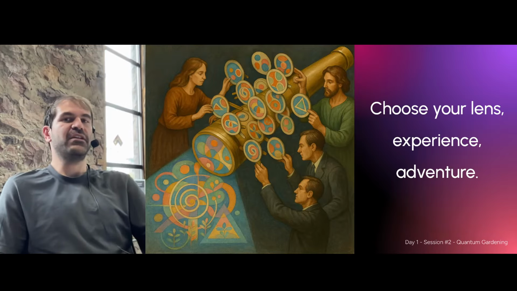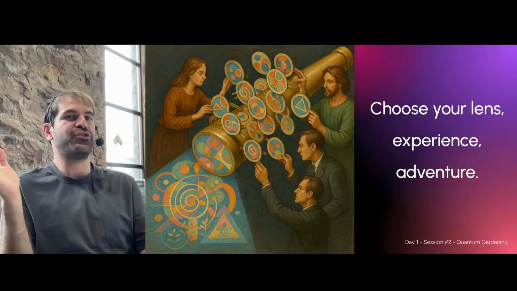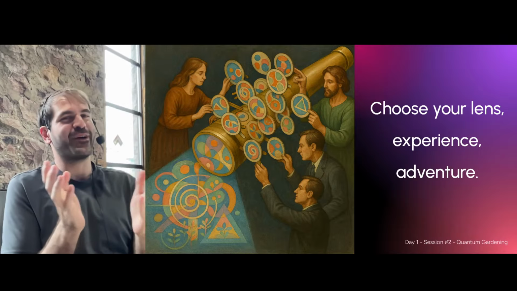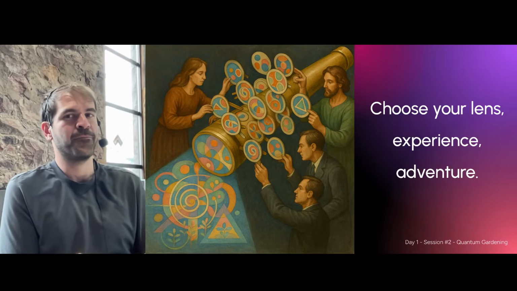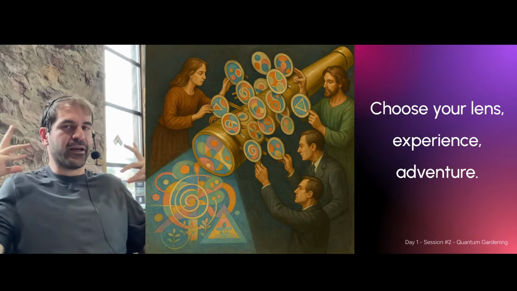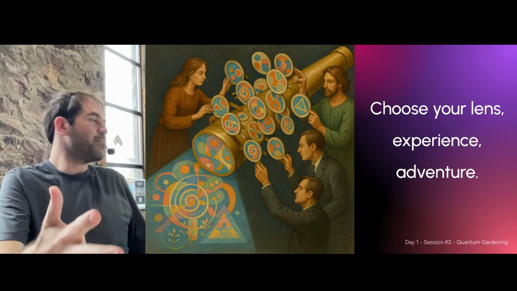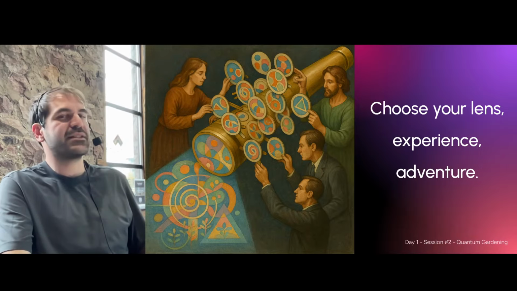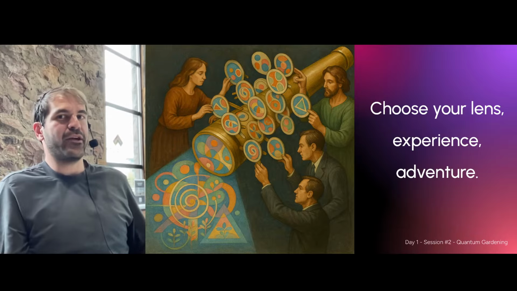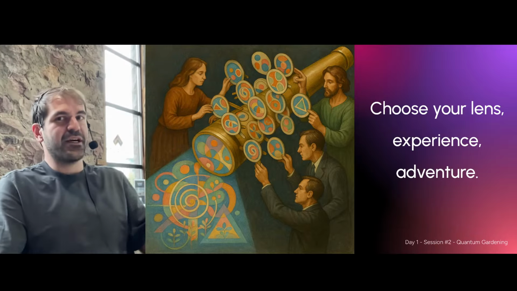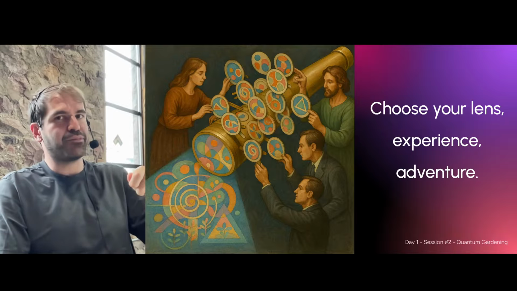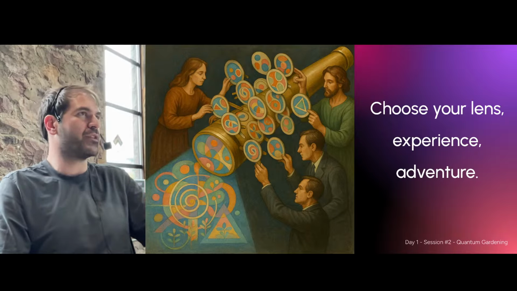So in this visual, you can see it's like choose your lens, your experience, your adventure. So you're taking out of that infinite potential. It's the same thing as the hourglass visual, and all those little different options. Now we're just putting one of those options in there, and we're saying I'm going to render this experience.